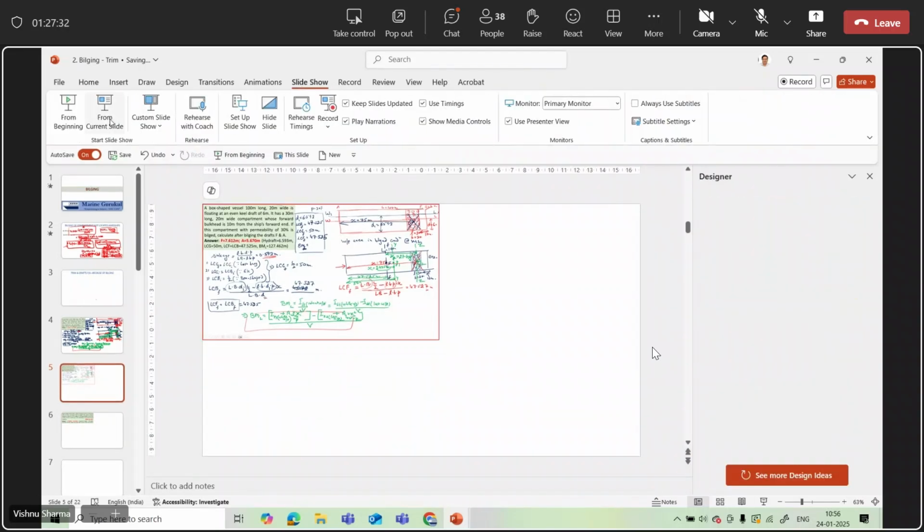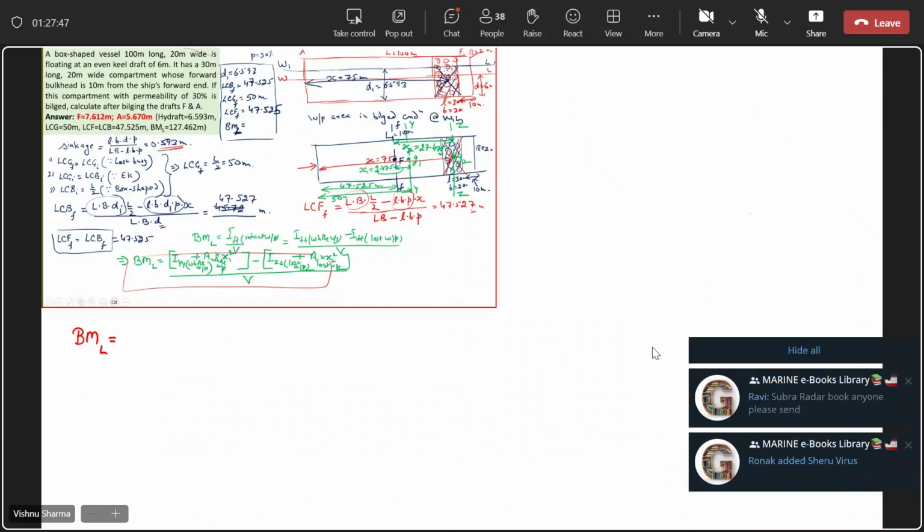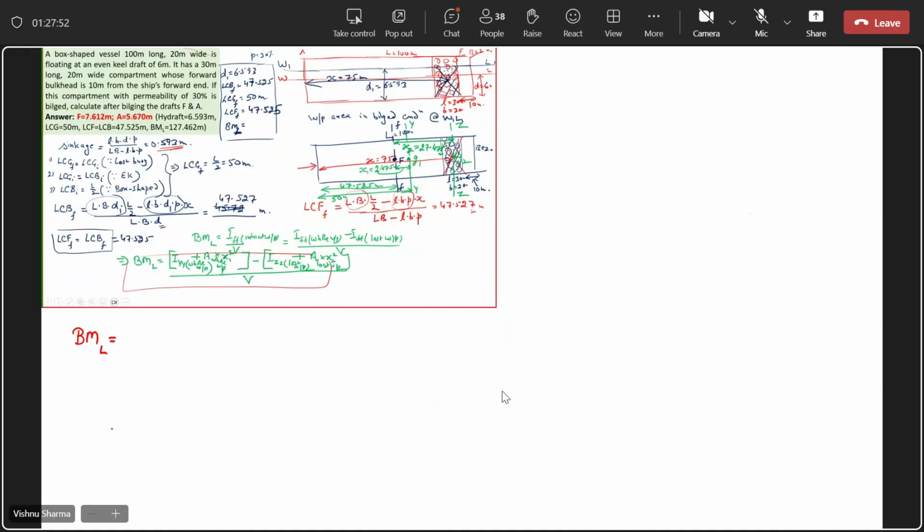Okay, guys, now tell me, you'll tell me straight away values. BML will be, what will be IYY of the whole water plane? What to multiply and divide with what? 20 into 100 cube by 12. Is he right, guys? If you don't agree, please correct him.